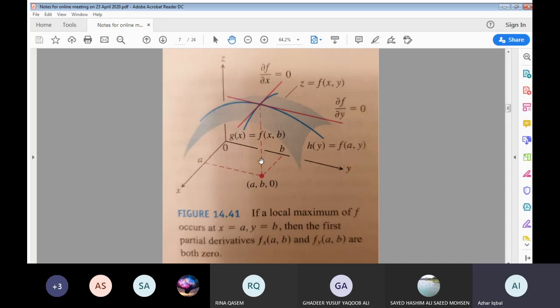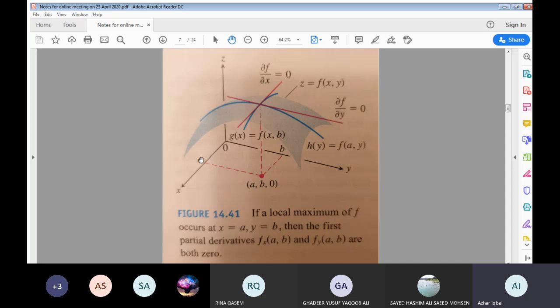Now you can consider this plane which is running parallel to the yz plane. This plane is formed by this line and this line, and for this plane x remains constant at the value of a.